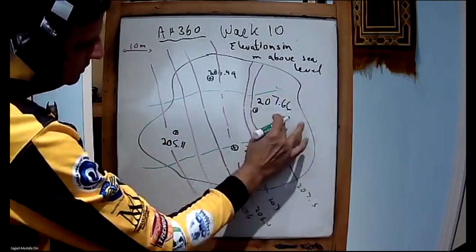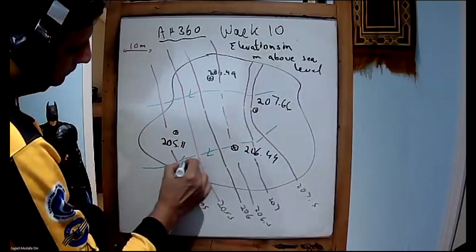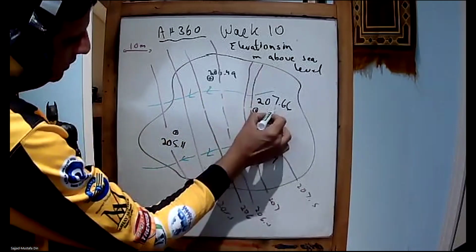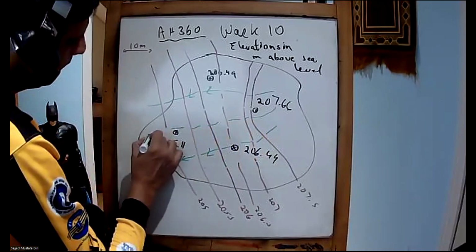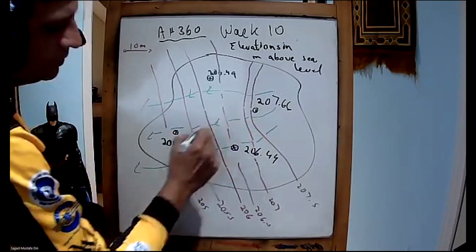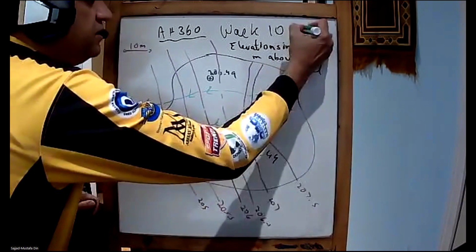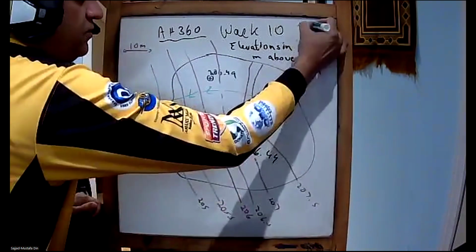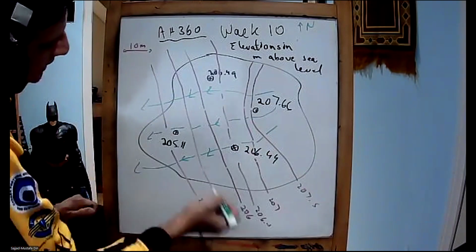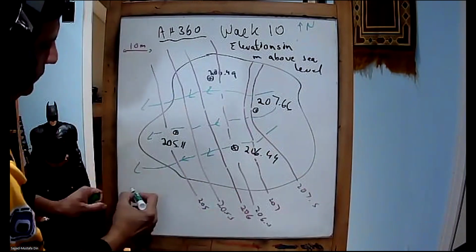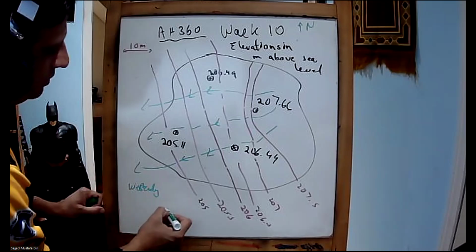It'll be in this direction, and you'd have something looking sort of like this. That's your flow net. And if this is north, your groundwater flow would then be westerly. Not exactly west, but westerly.